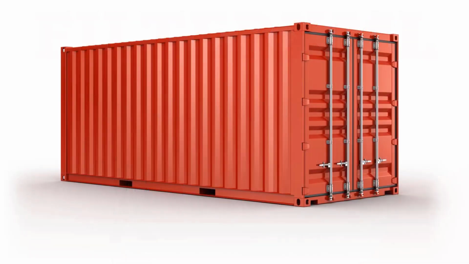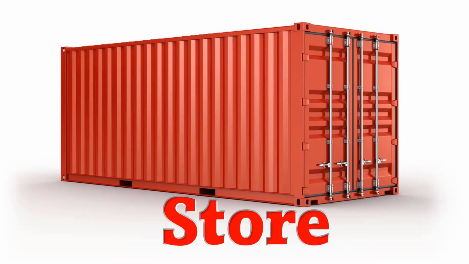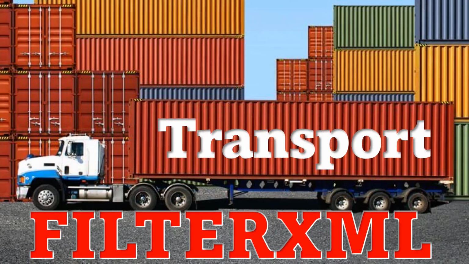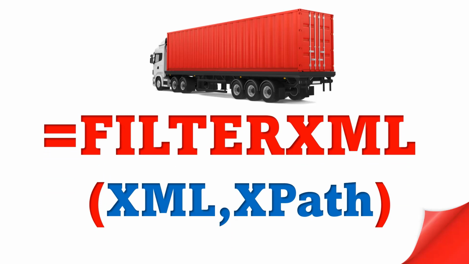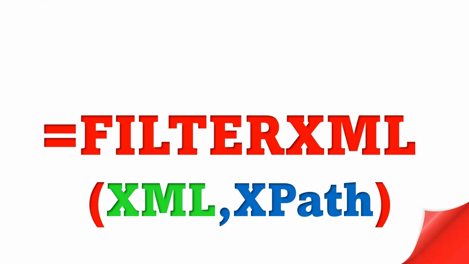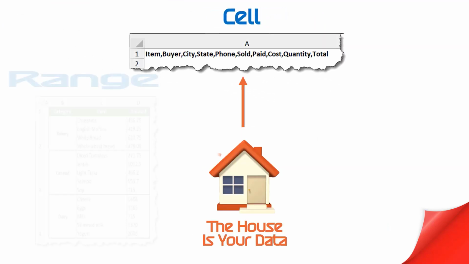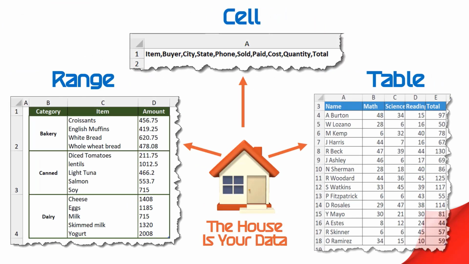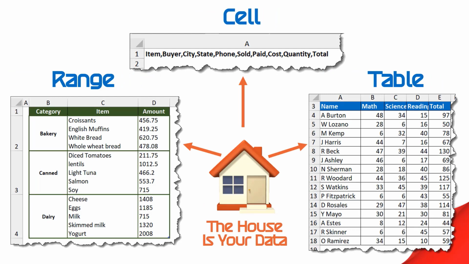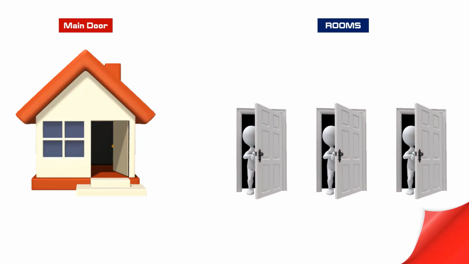The FILTERXML is used to store and transport data and requires the data to be stored in a specific structured way with opening and closing tags. Here is how we build the structure of the FILTERXML syntax. A way of any complexity, if your data is in a cell, range, or a table, and you want to store it in a FILTERXML, think of this data as if you are exploring a house.